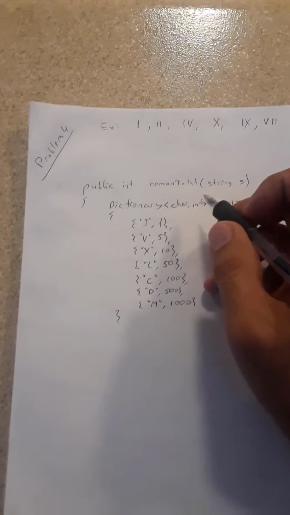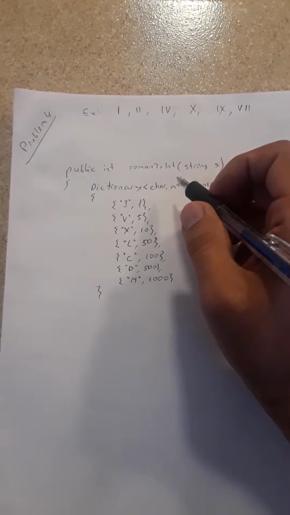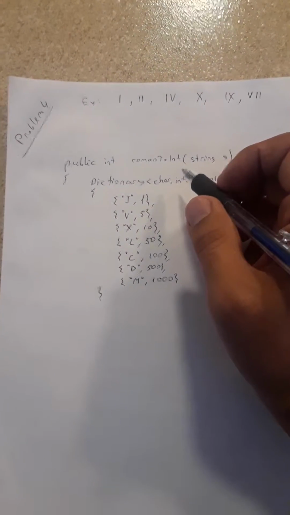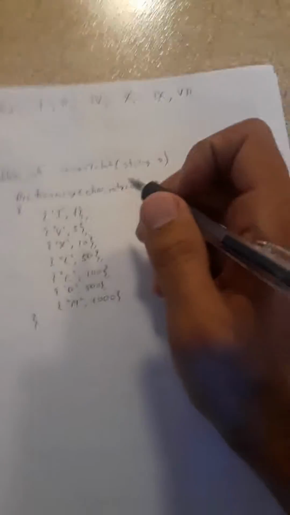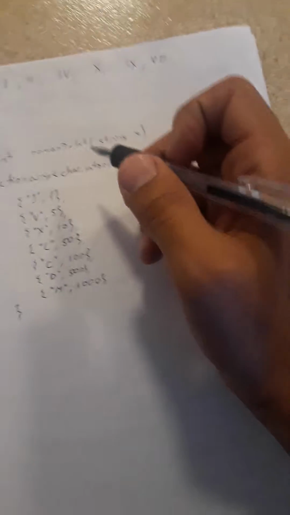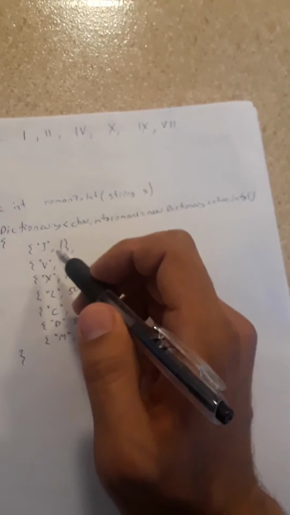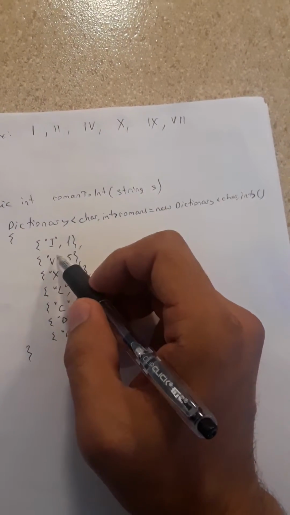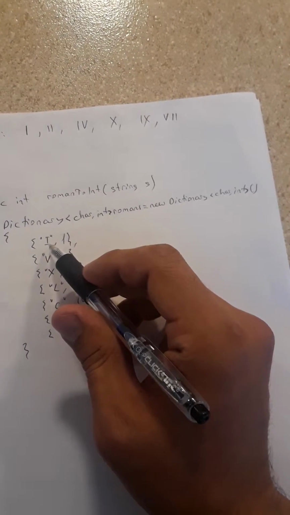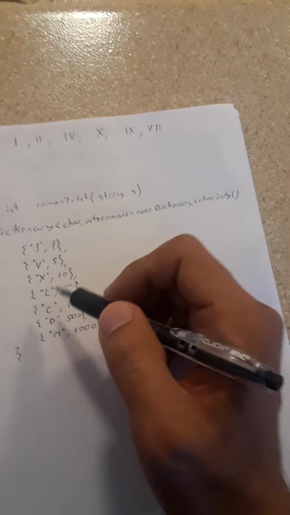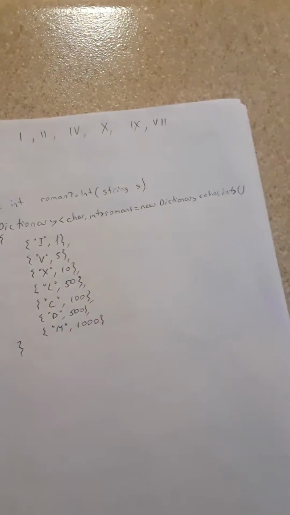Hello, so here's problem number 4, and here we need to convert a string of Roman symbols to an integer. For that purpose, I will declare a dictionary with char and integer, and I will define common Roman symbols like for 1, 5, 10, 50, 100, 500, and 1000.